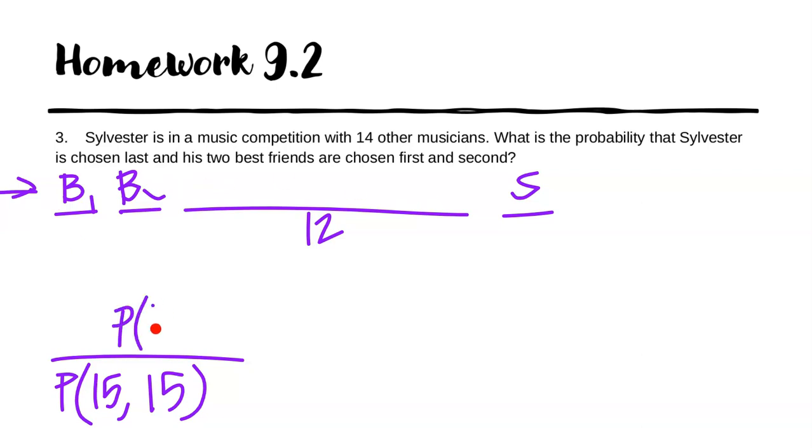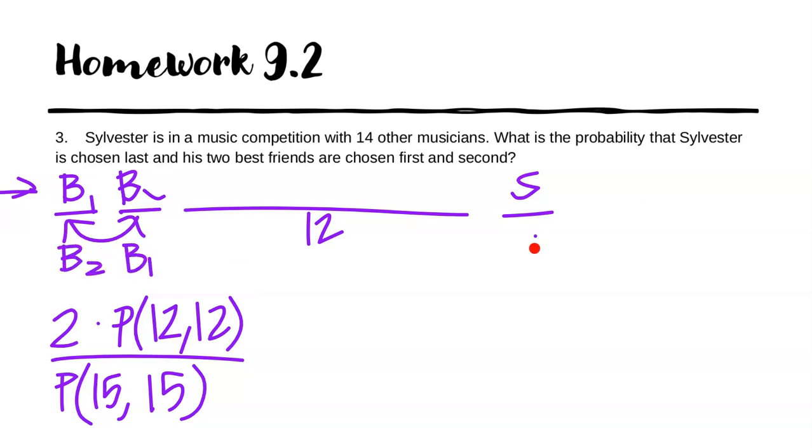So the permutation of 12, 12 would be all the different arrangements here, but I would have to multiply this by 2. The reason is that this is one of the like events, I guess. If you switch the order of these, it would be best friend 2, best friend 1, Sylvester still at the end, and then the permutation of the 12 people right here. And you would still end up with the same answer when you reduce it.